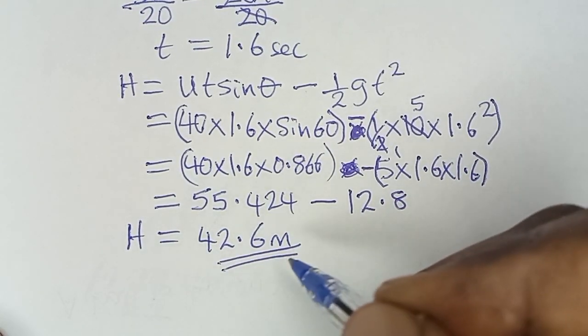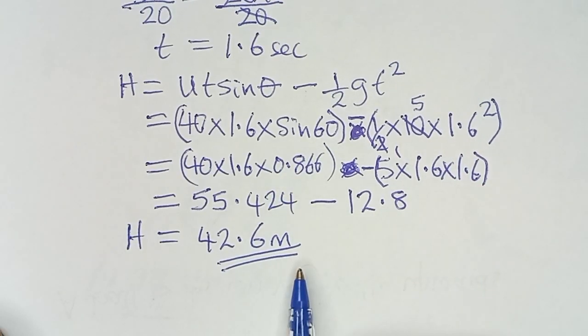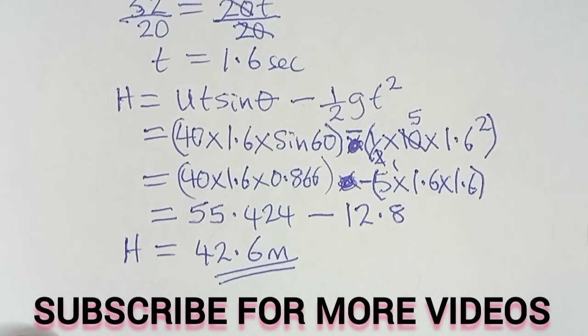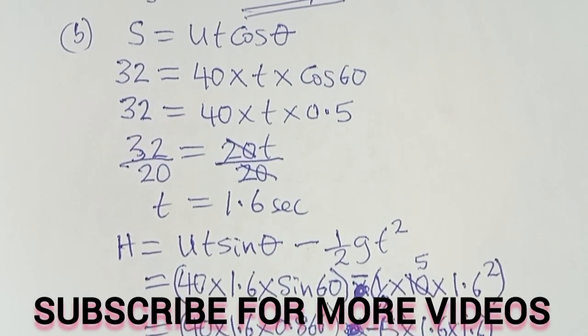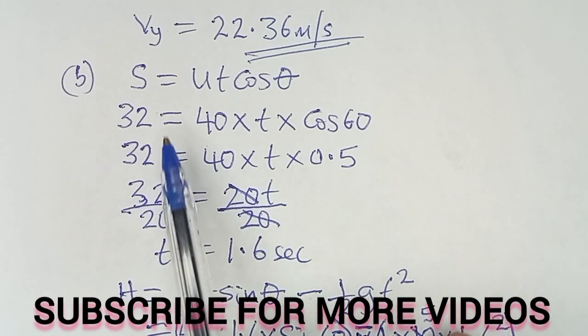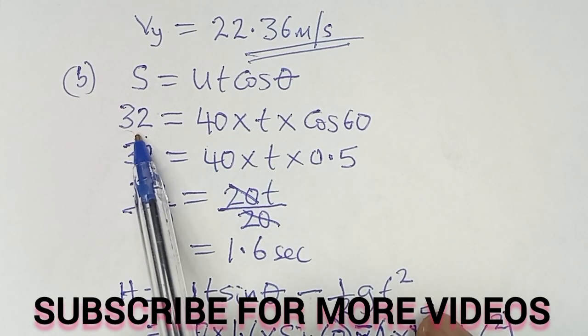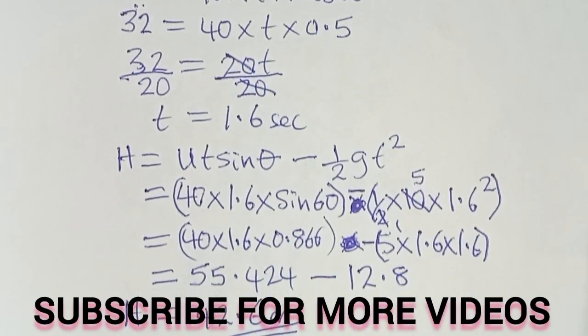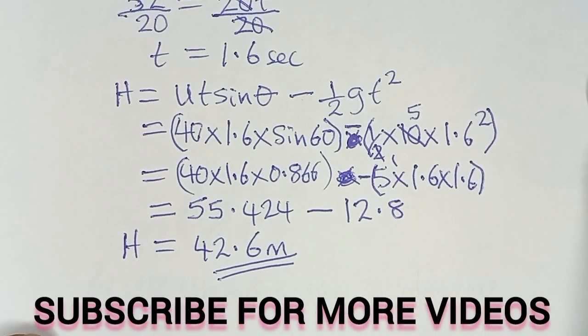So this is the height that it has attained after traveling a horizontal distance of 32 meters. Don't forget, the question asks for the height it has attained after traveling a horizontal distance of 32 meters. So that is the height in the final answer.